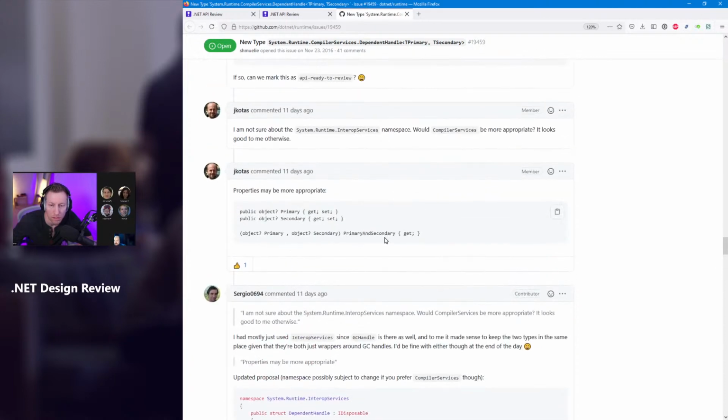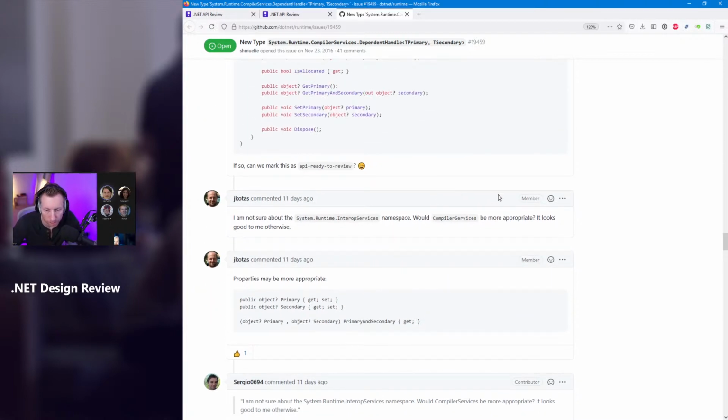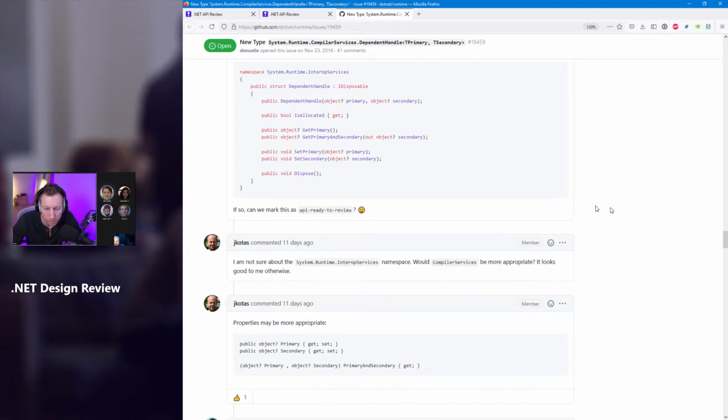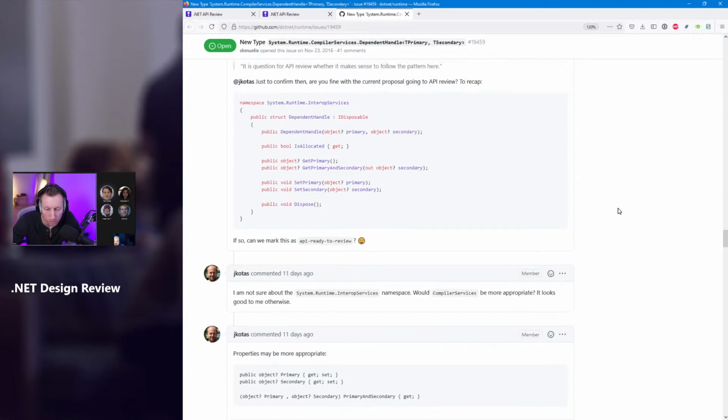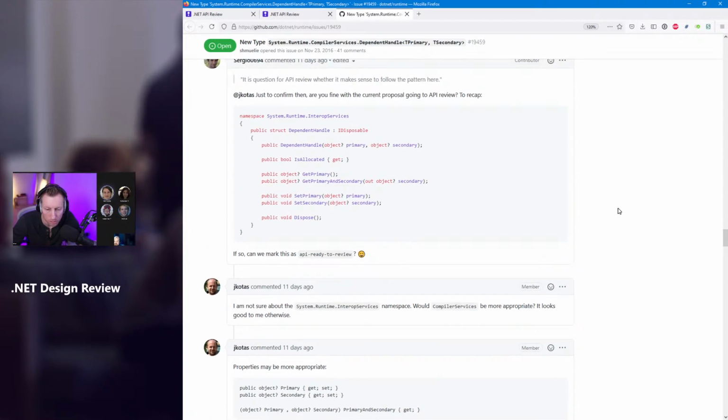Okay, apparently even more. Yeah, there was a lot of discussion here on making sure that this was the correct shape, covering the right things, and easily usable, hence the discussion on whether this should be disposed or freed, etc.